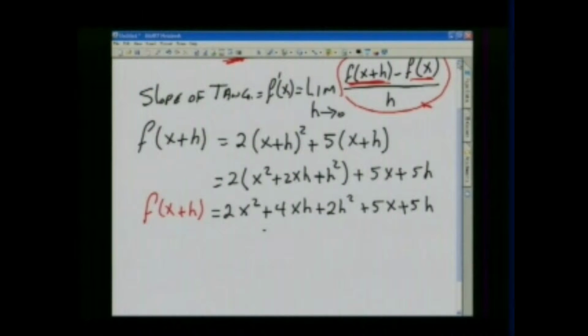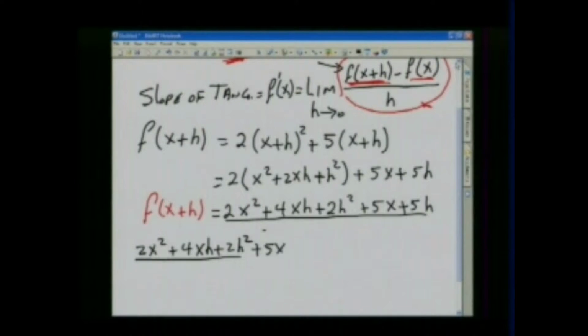It says f of x plus h, which I already found. It is this whole thing. So I write 2x squared plus 4xh plus 2h squared plus 5x plus 5h. That's the first part, f of x plus h, minus f of x.